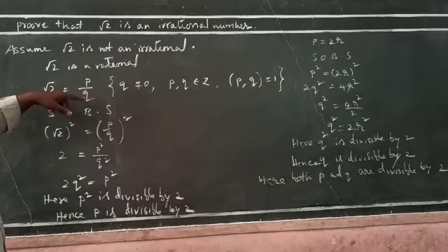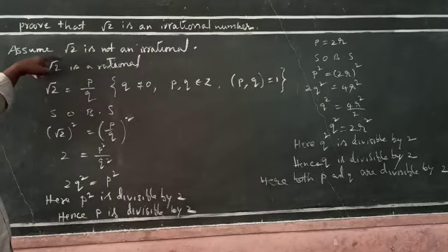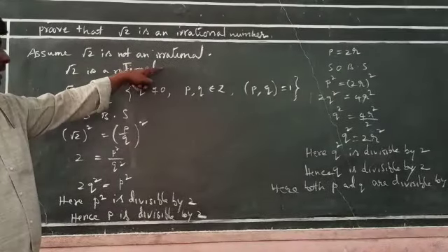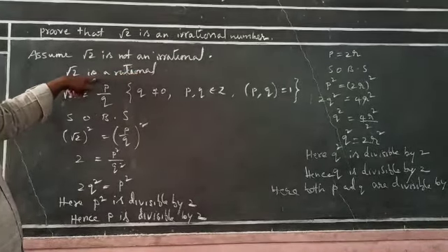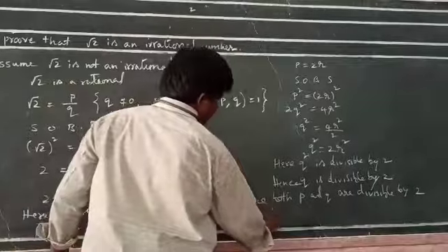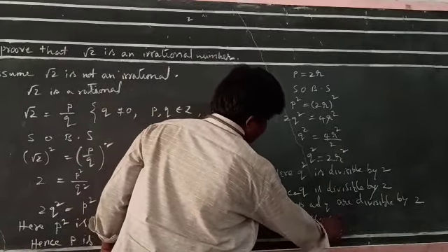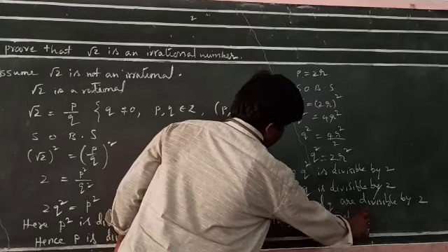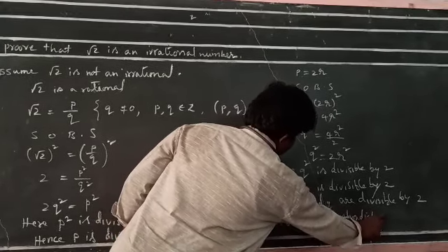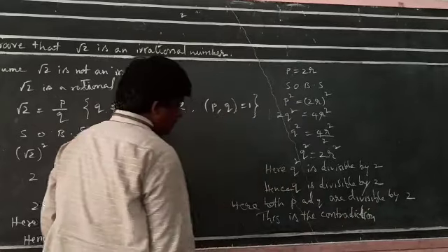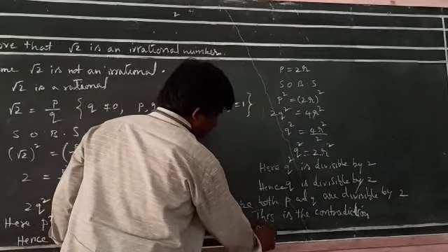Why did we get it wrong? We assumed root 2 as a rational number. That is wrong. That is the contradiction. Therefore, our assumption is wrong.